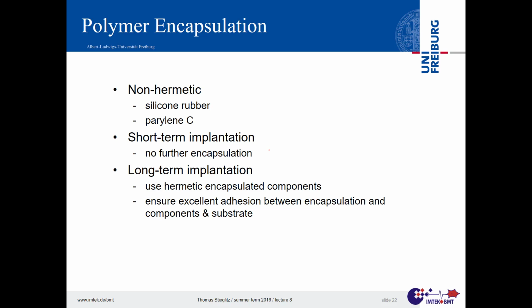Parylene C was invented, the famous Gorham process was published, in 1968 or 66, that range. And it was already taken into the United States Pharmacopoeia as a medical grade material. That's a database where medical grade materials are listed. And the reason for that, my very personal opinion, is not that it was so good, but that at that point in time cardiac pacemakers were made out of epoxy.